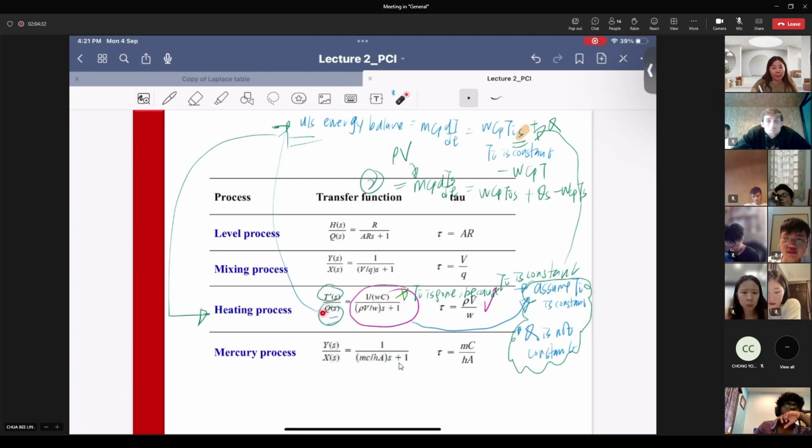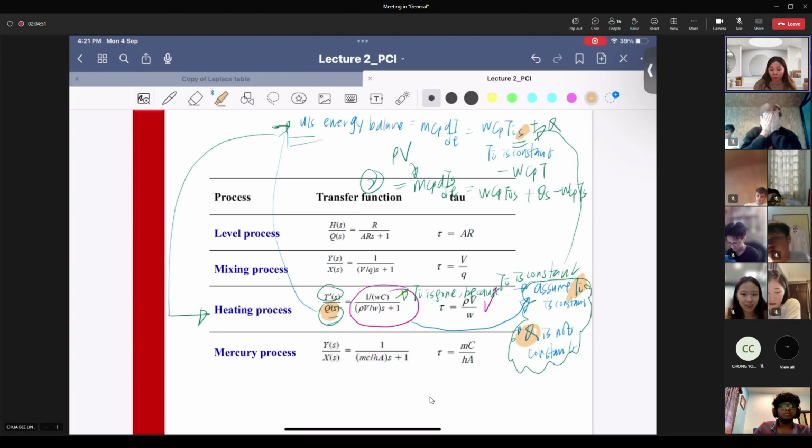Second example, which is derived from the textbook, the assumption should be mentioned in the question. They should say Q is not constant, but Ti is constant. Hence, finally, in your answer for the output over the input, the input is the one not constant. The one constant will be gone.